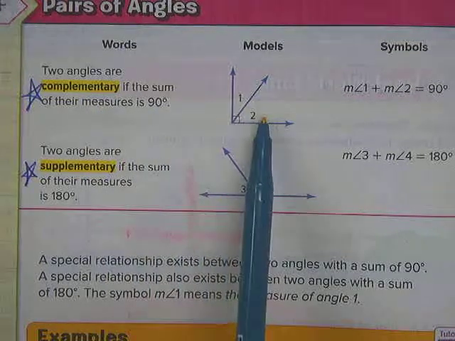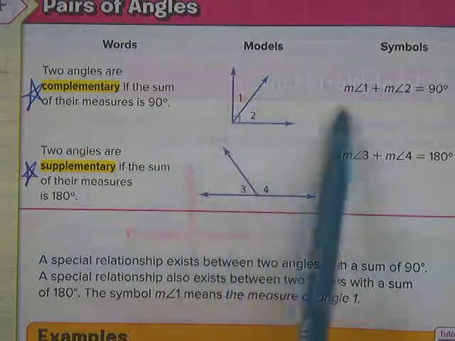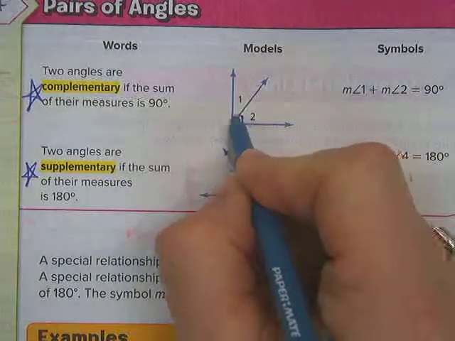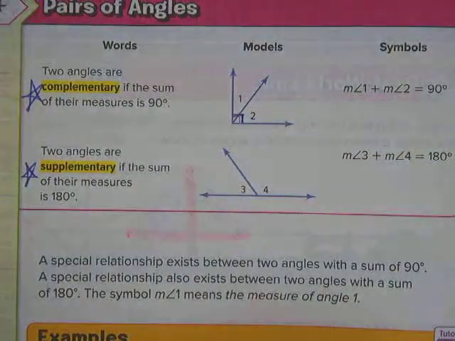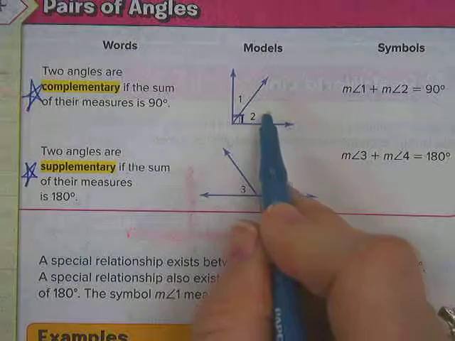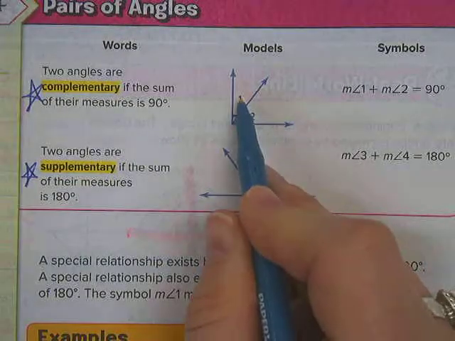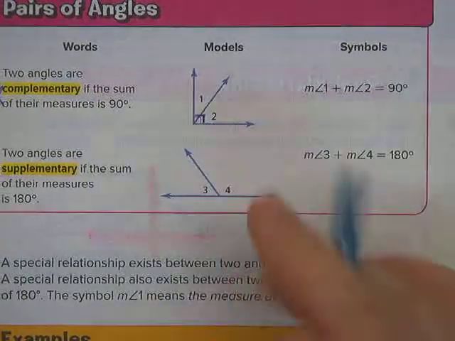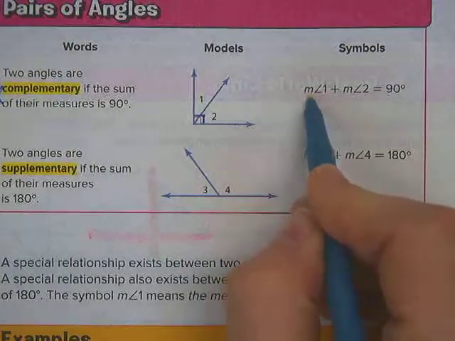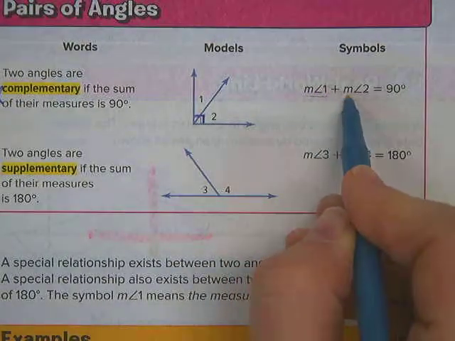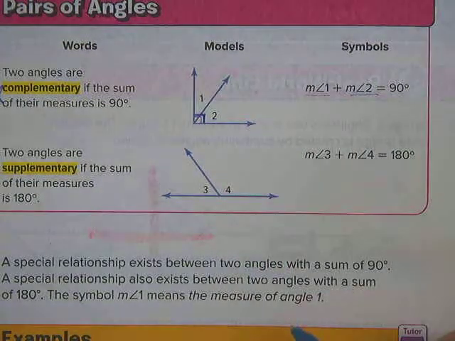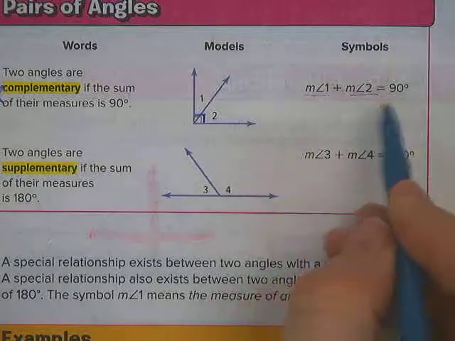So two angles are complementary if they add together to make up a 90-degree angle. So notice in this drawing, the entire thing is marked with 90 degrees. We have angle 1, sorry, up here, angle 1 and angle 2. And the way we would represent that is we would say the measure of angle 1 plus the measure of angle 2 equals 90 degrees.